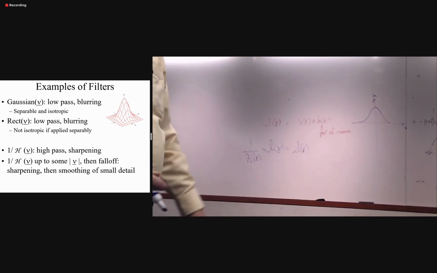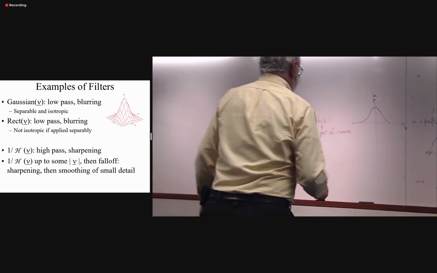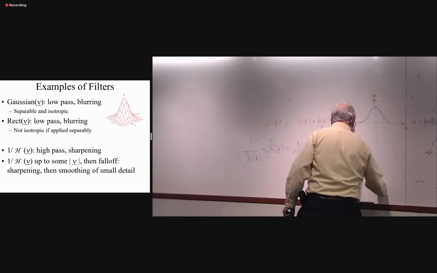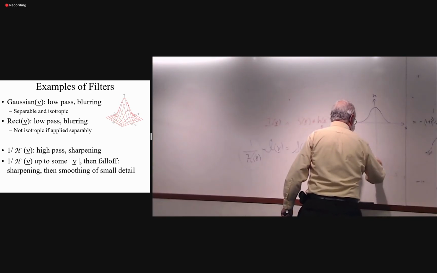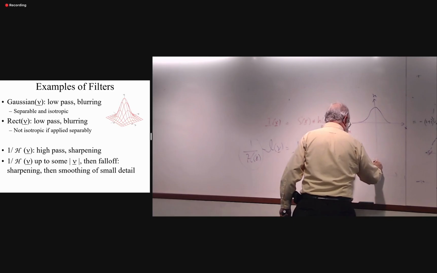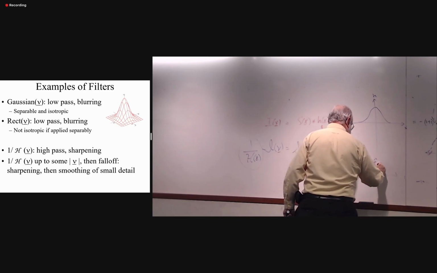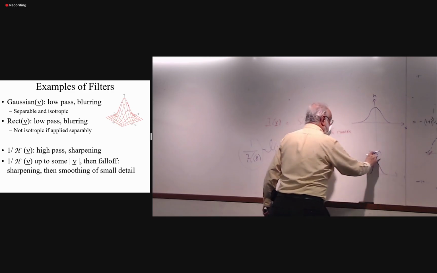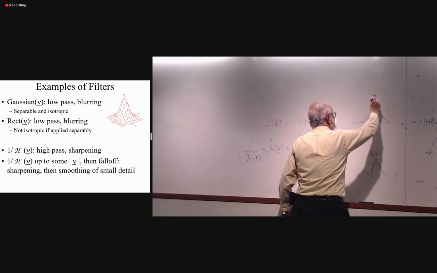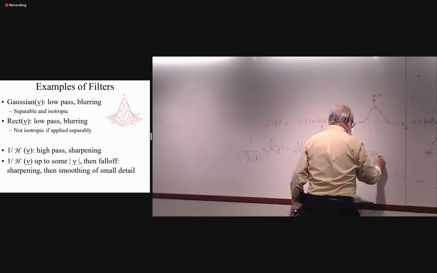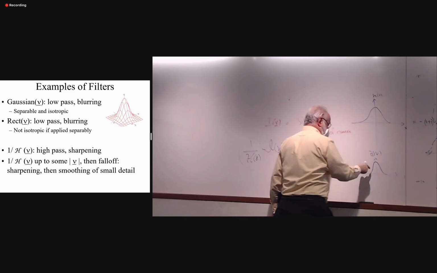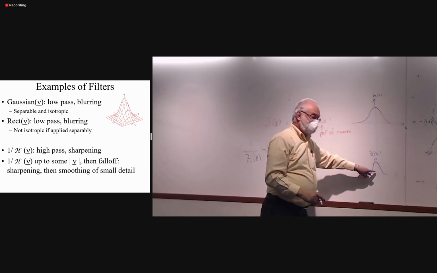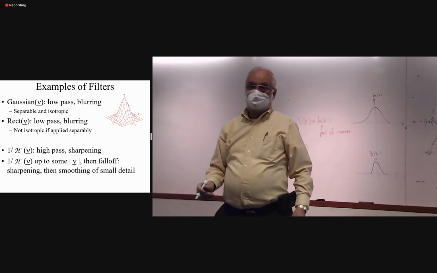So that's little h, which in frequency means this looks sort of Gaussian-like, and sure enough, h of x, this is little h of nu, it's the Fourier transform, which is also Gaussian-like.